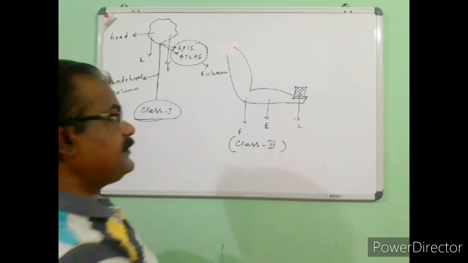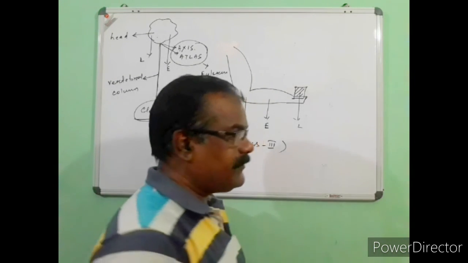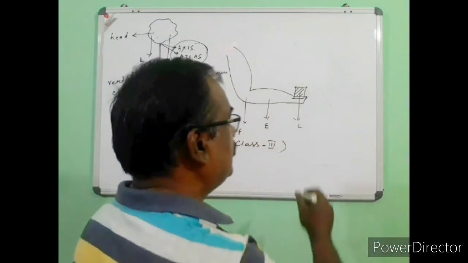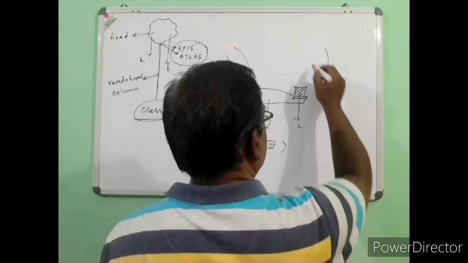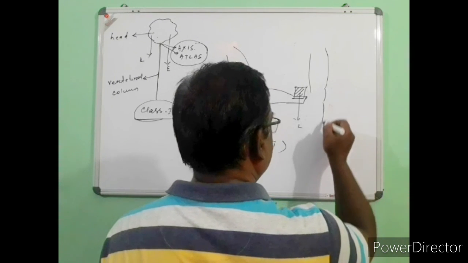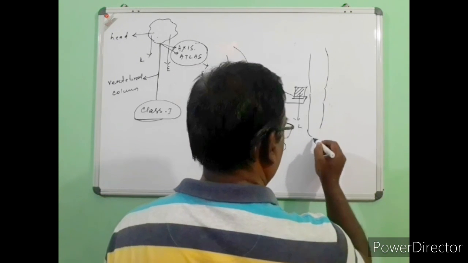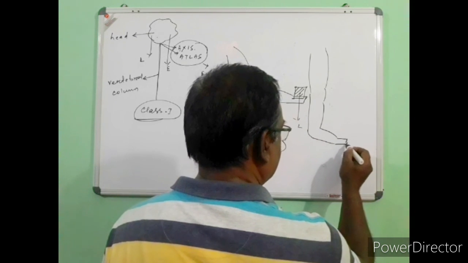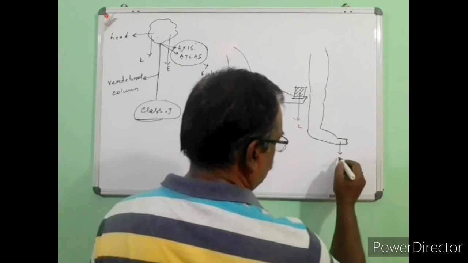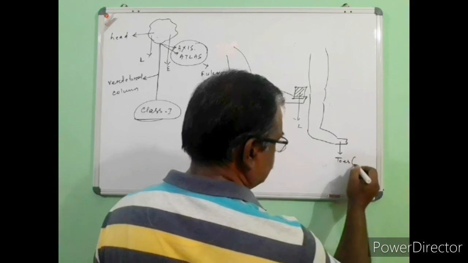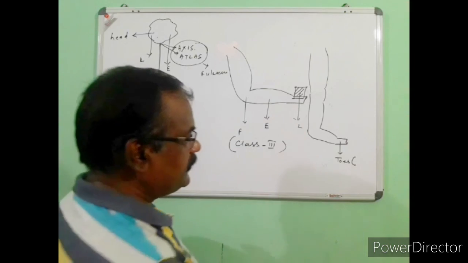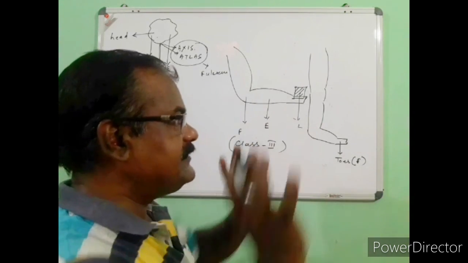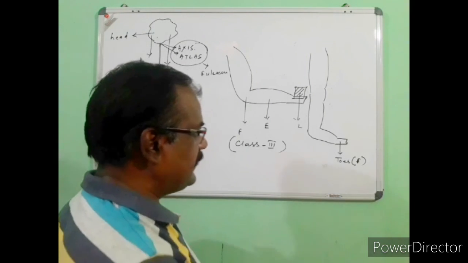Now consider a person is holding some objects and lifting them to a higher position. In such cases, this is the thigh position, and now consider that this is the toe, which is considered to be the fulcrum, because here he is standing and raising the load to a certain height.